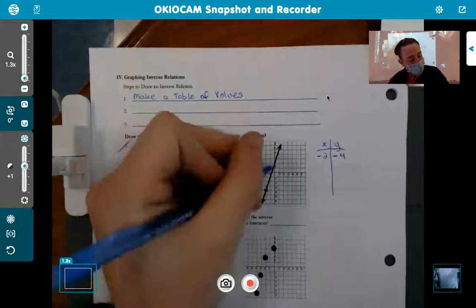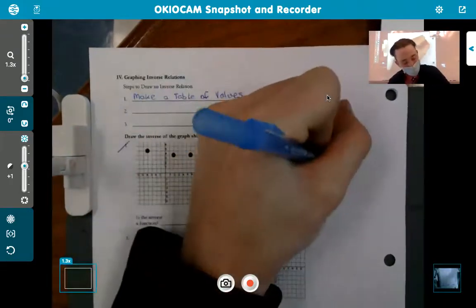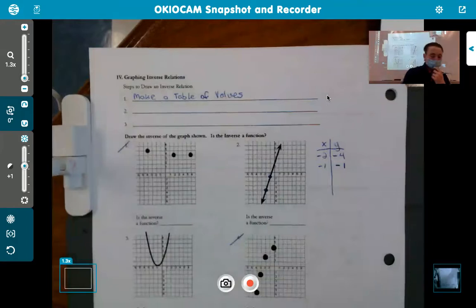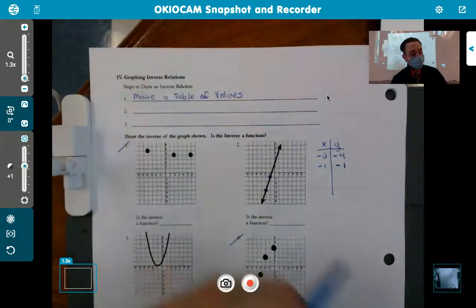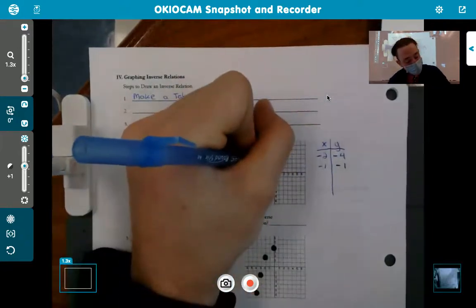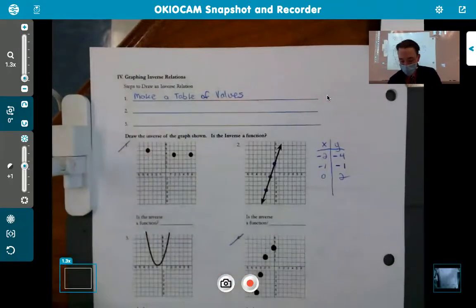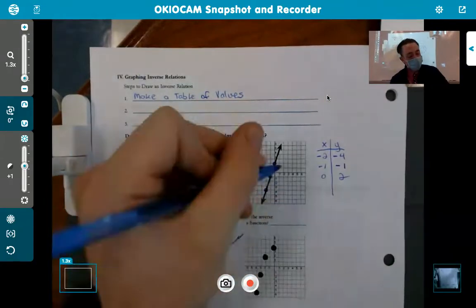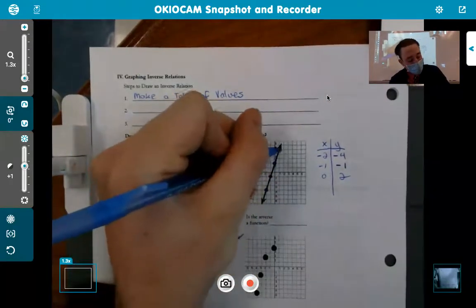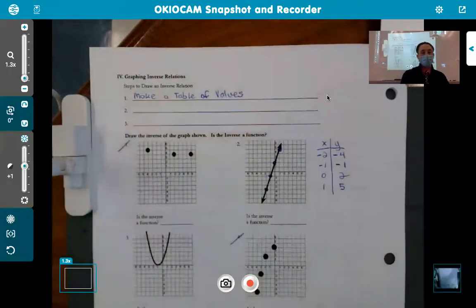At -1, it looks like I'm at -1. At 0, it looks like I'm up at 2, so 0, 2. And then at 1, it looks like I'm up at around +5, so I'm going to write down the point 1, 5.